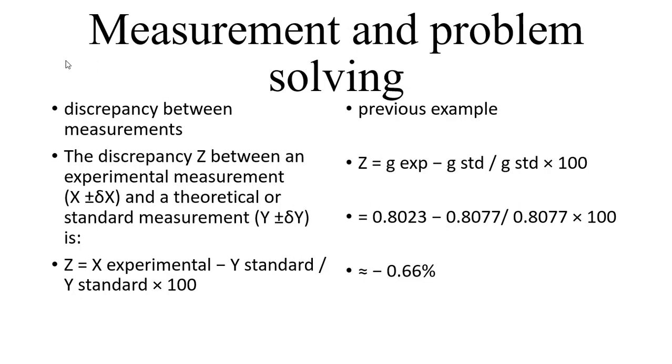As an example, take the two discrepant measurements, the experimental and the standard, from the previous example. Since we found that these two measurements are discrepant, we can calculate the discrepancy Z between them as Z equals grams experimental minus grams standard divided by grams of standard times 100. Now plugging in the numbers, we have 0.8023 minus 0.8077 divided by 0.8077 times 100, arriving at negative 0.66%.